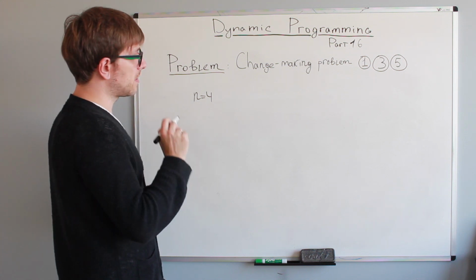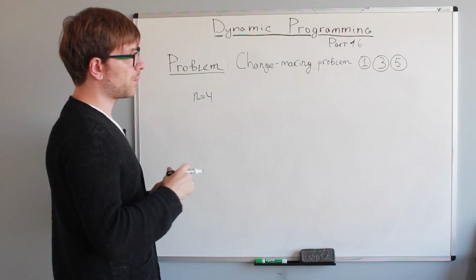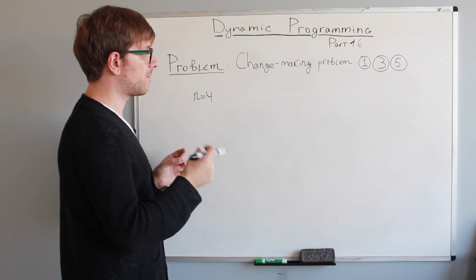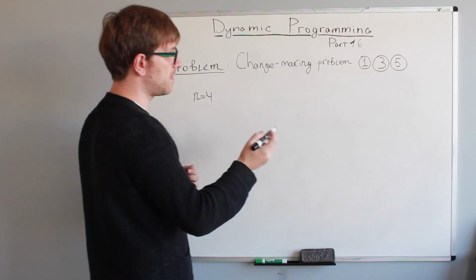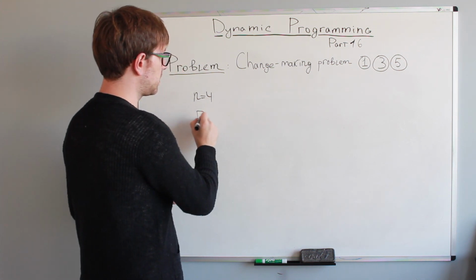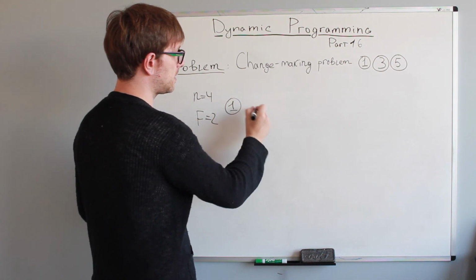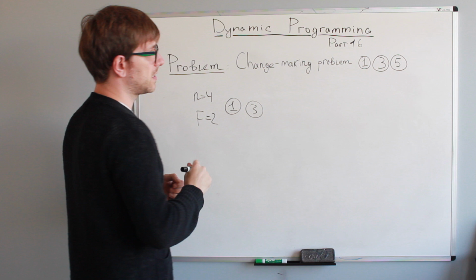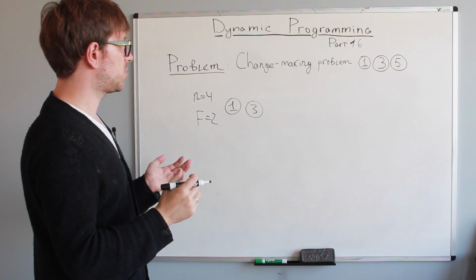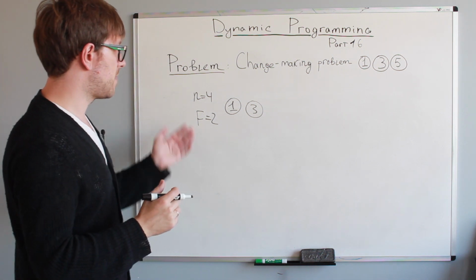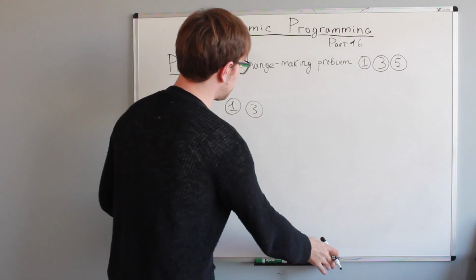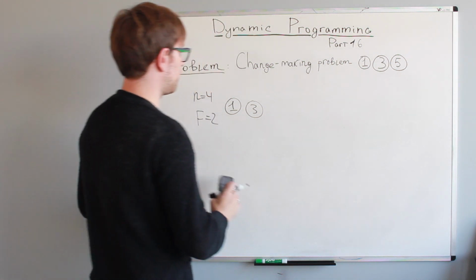In the change making problem we have to find the minimum number of coins to make this amount. So the minimum number of coins is 2, so f equals 2. It's basically 1 cent and 3 cents. We don't have any other denominations that would let us make this change. So this is the idea behind this problem.